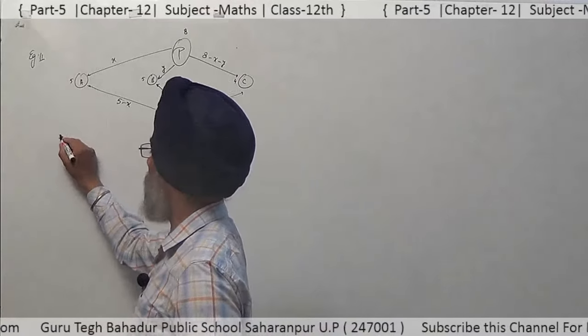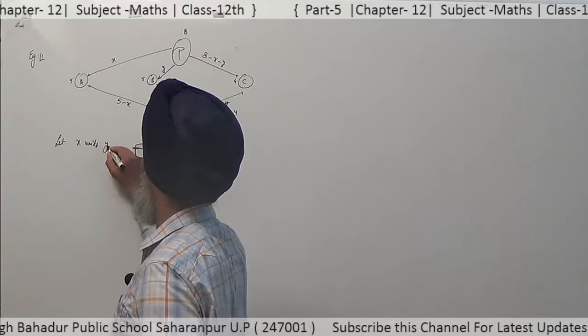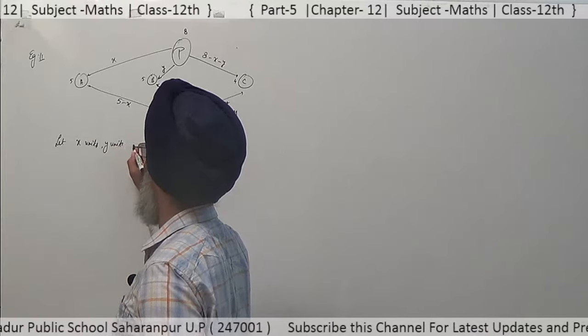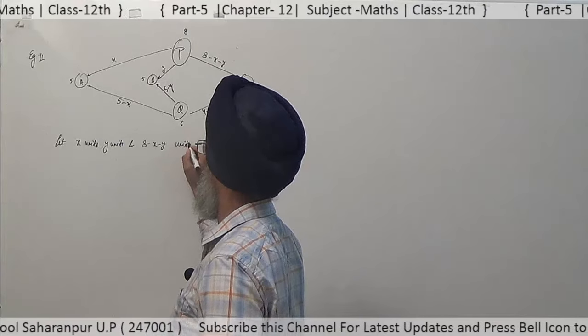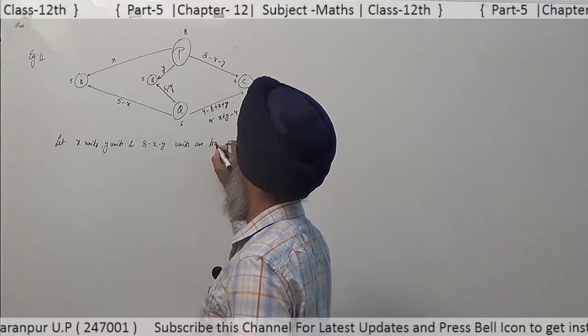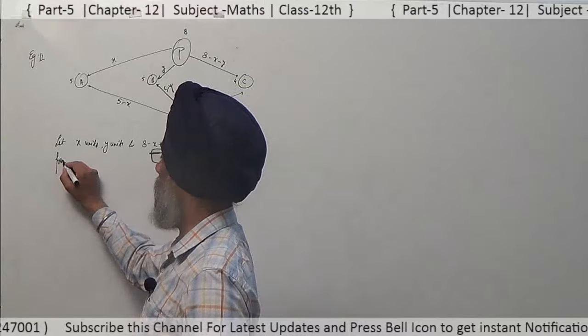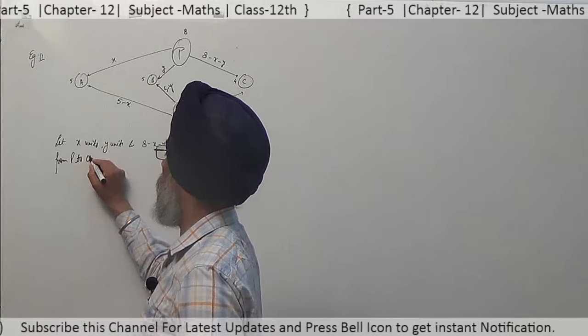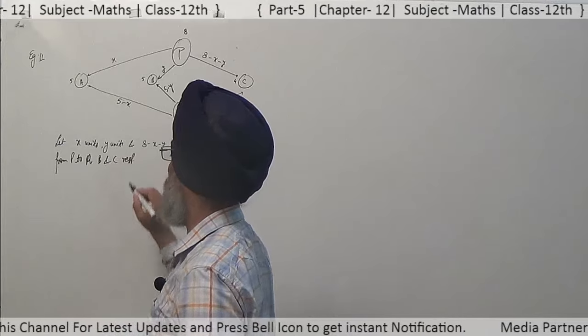Let X units, Y units and 8 minus X minus Y units be transported from P to A, B and C respectively.